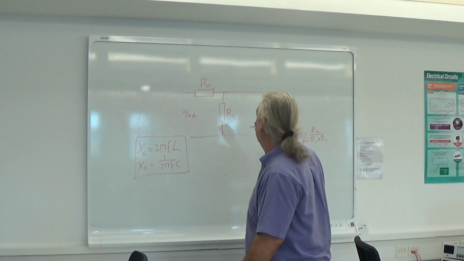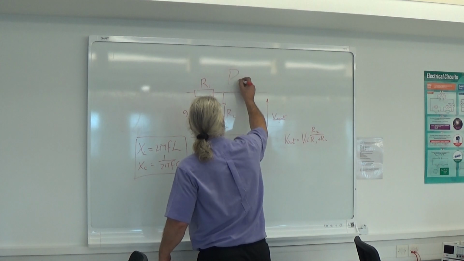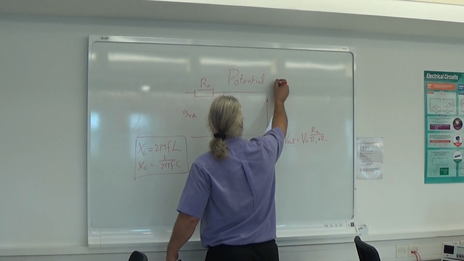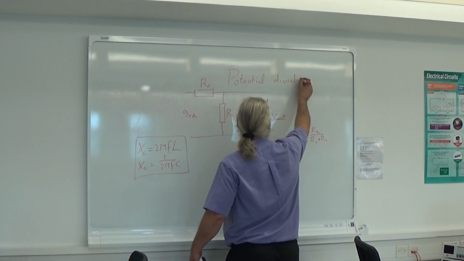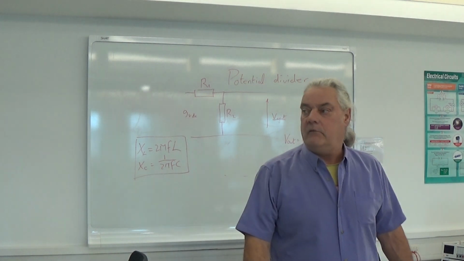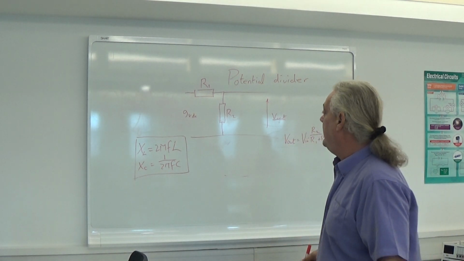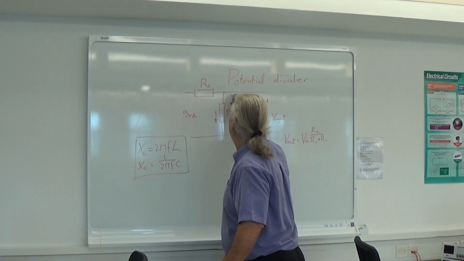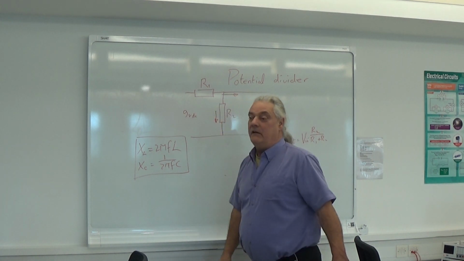That's called, and this is the magic circuit, a potential divider. Why is it called a potential divider? Because some of the current goes down here and some of the current comes out here, right?